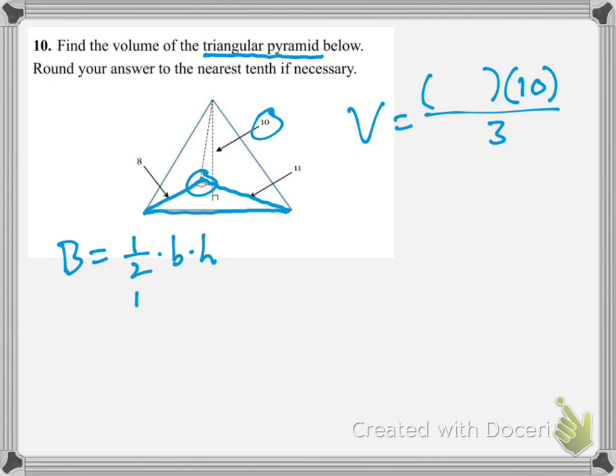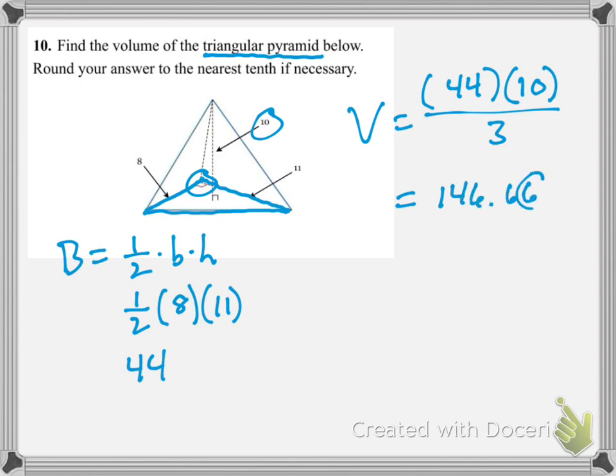So 1/2 times 8 times 11. Well, that's 44. So 44 times 10 divided by 3. And I get 146.66. So the second 6 bumps the first 6 up to 7. There's my volume.